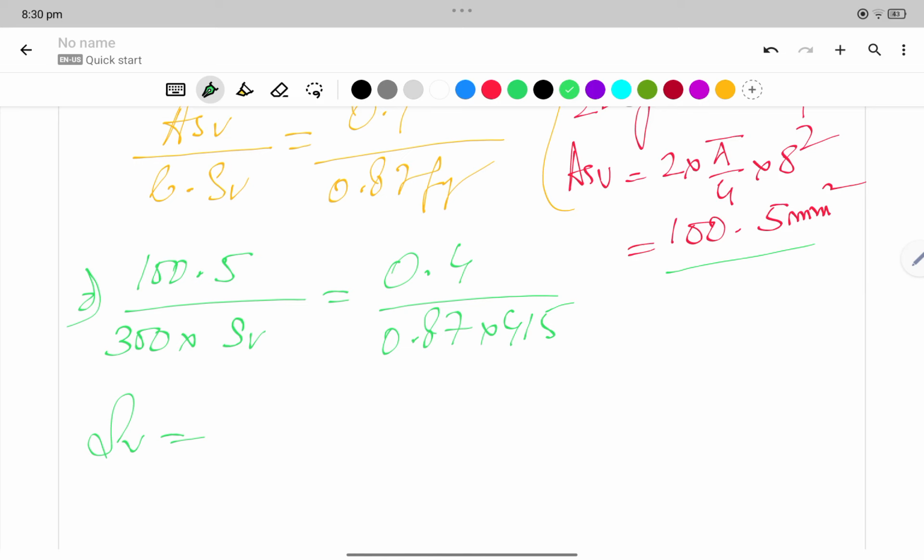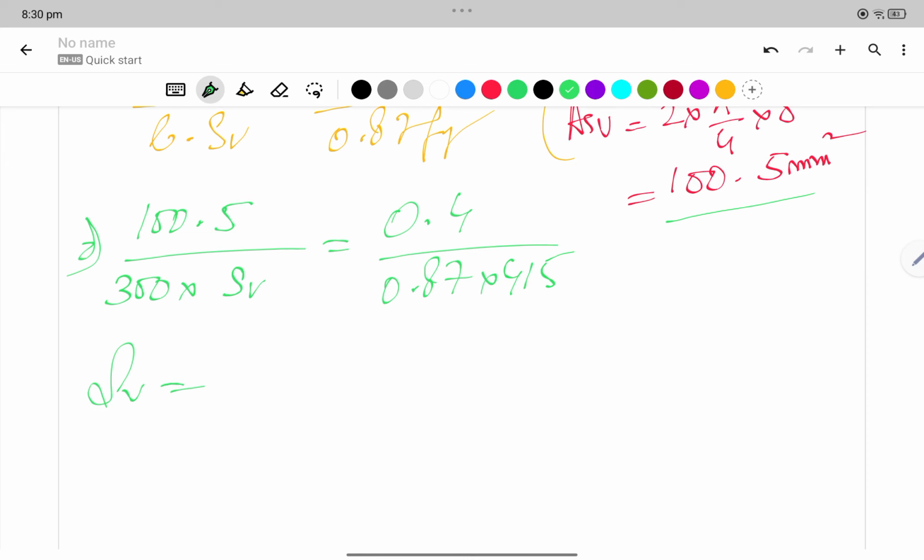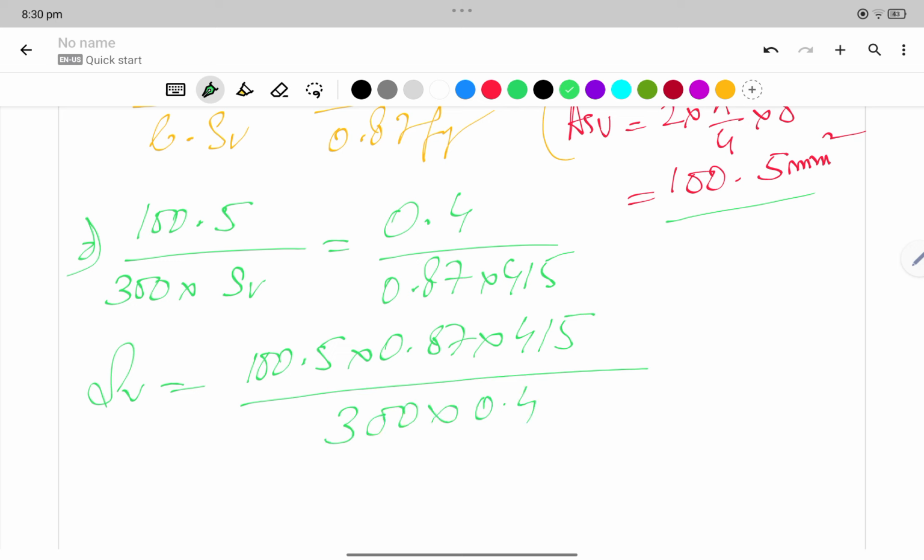So sv is equal to 100.5 into 0.87 into 415 divided by 300 into 0.4, which is coming to 302.37 mm.